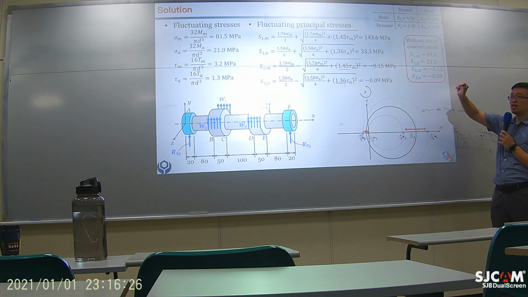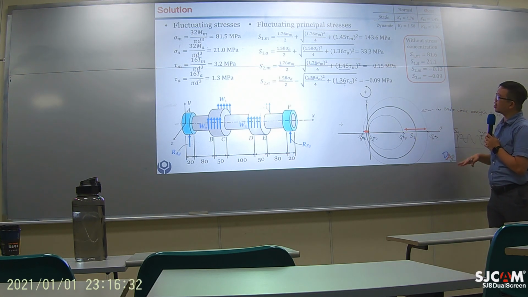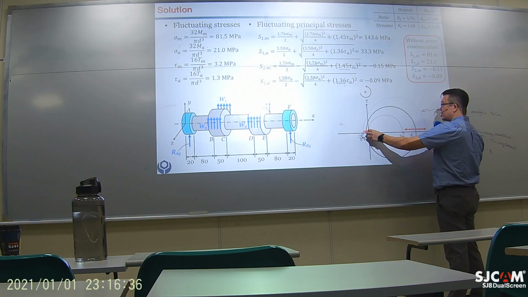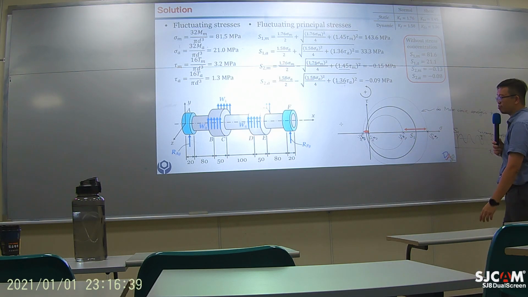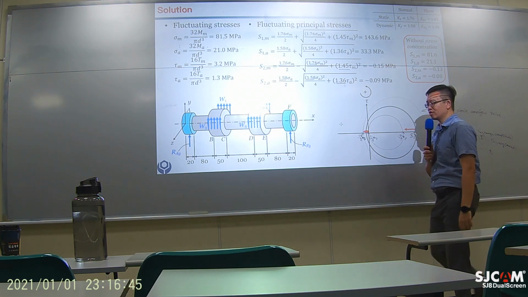And also the level of fluctuation is bigger. The second principal stress is not changing too much because we had a problem that has pretty small compression. So what matters the most is the first principal stress.